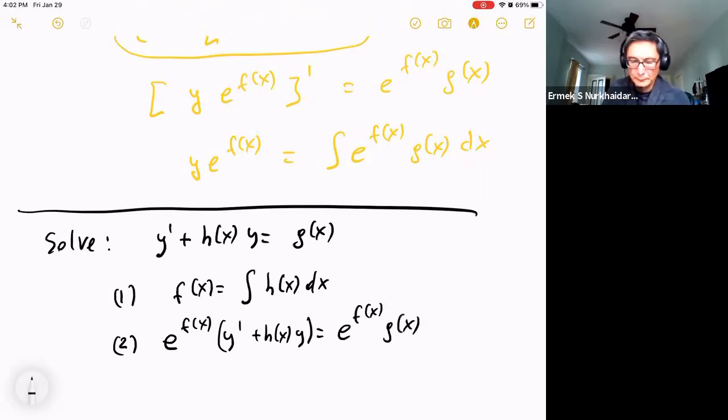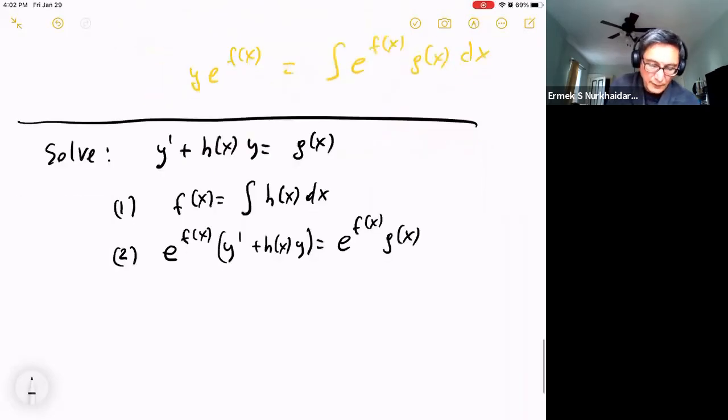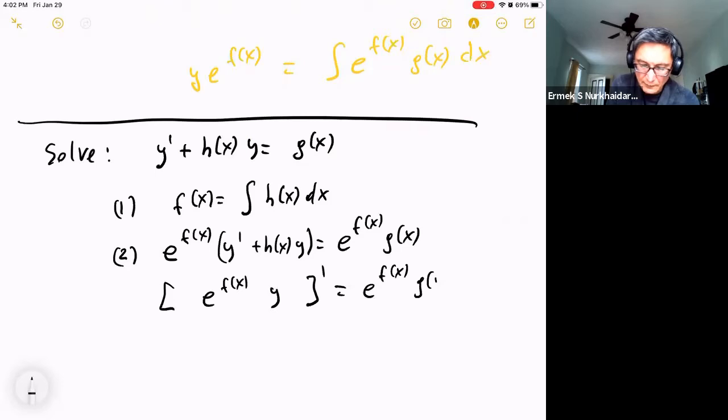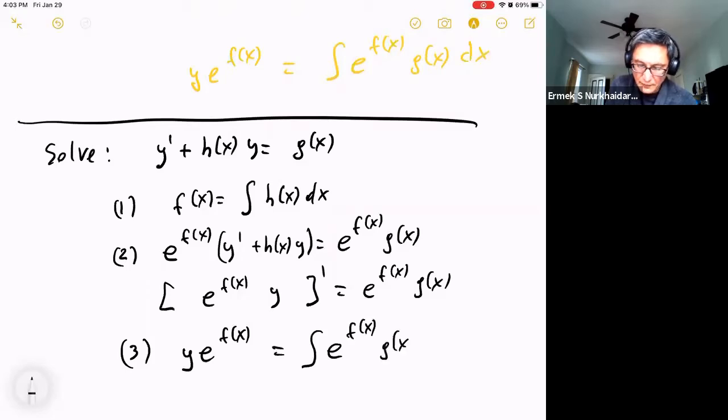Then the second step, multiply everything by e to the f of x. Then the left side will be the derivative of e to the f of x times y. Keep the right side. And the last step is to take the antiderivative: y times e to the f of x is going to be equal to the antiderivative of e to the f of x times g of x. Three steps.